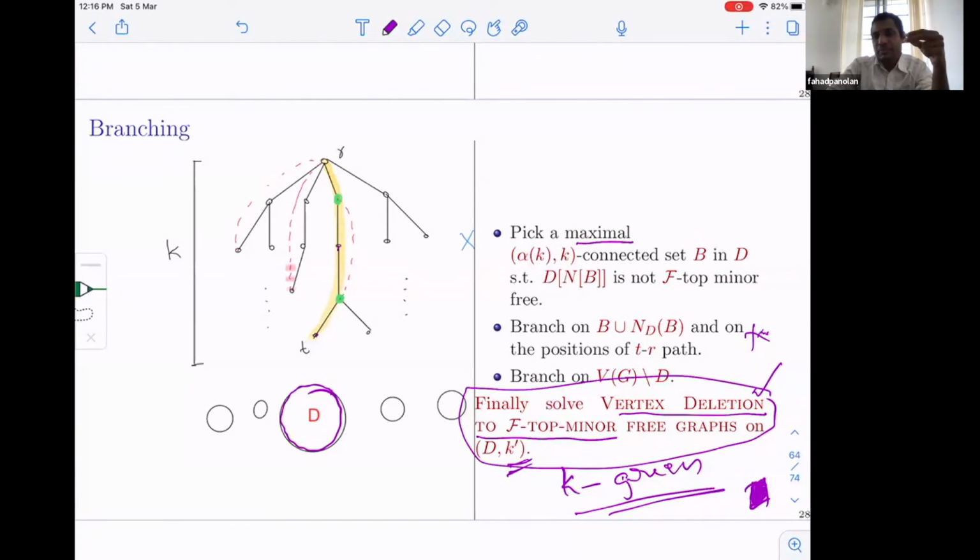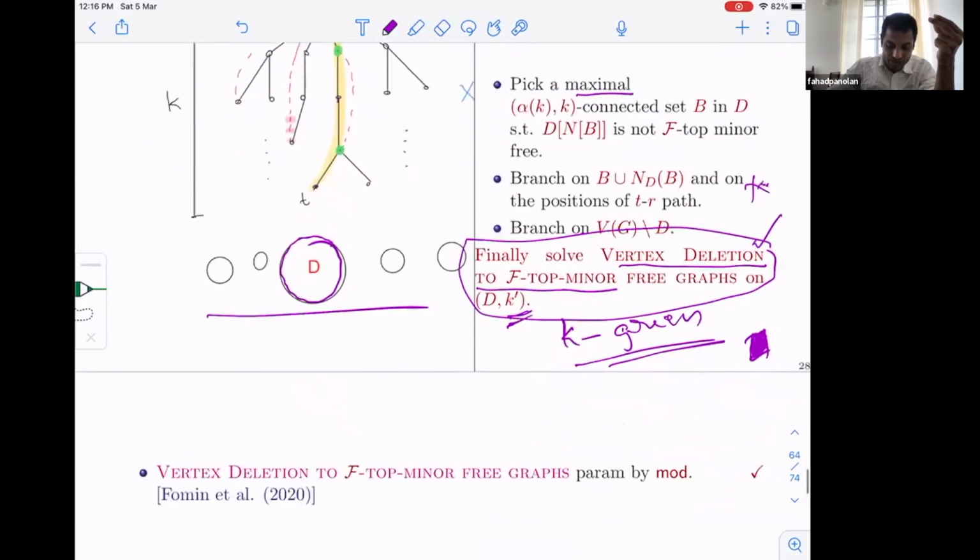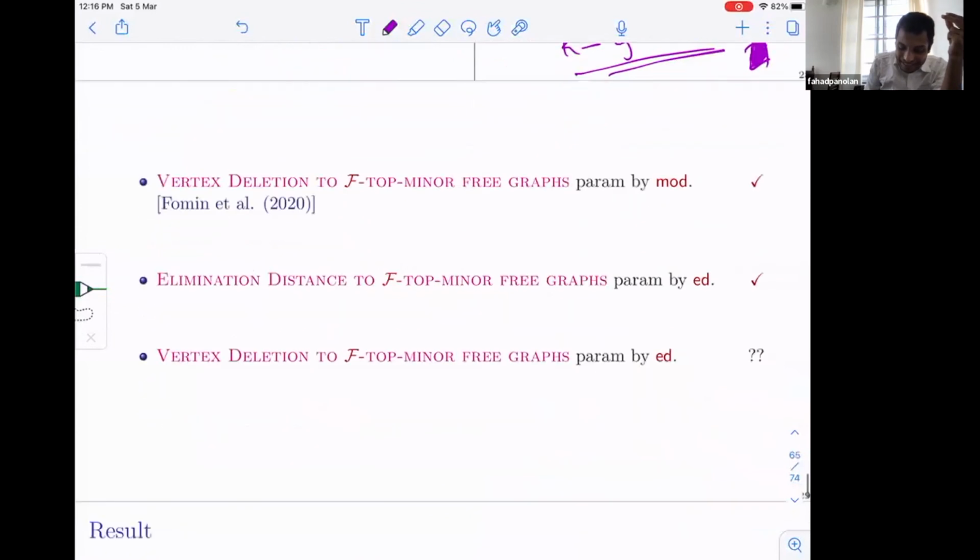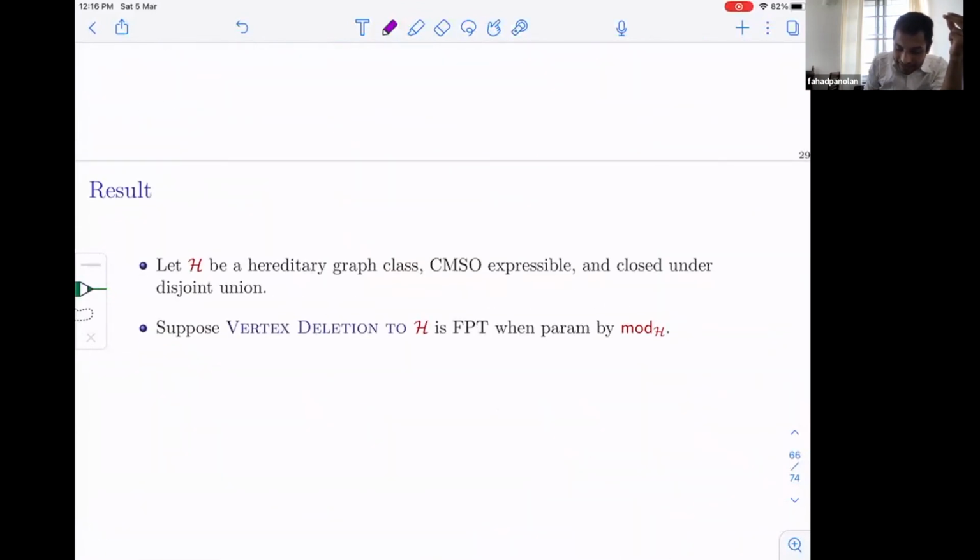And there are actually a bit more things we need to prove here, and those two conditions are: it should be a hereditary graph class and closed under disjoint union. What do I mean by closed under disjoint union? If I take two graphs G1 and G2 in H, then G1 disjoint union G2 should be in H. And what is hereditary?